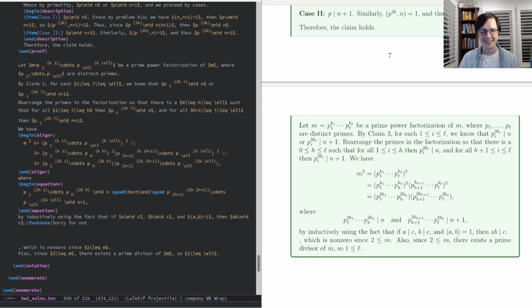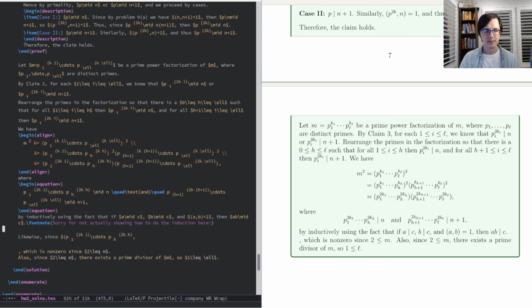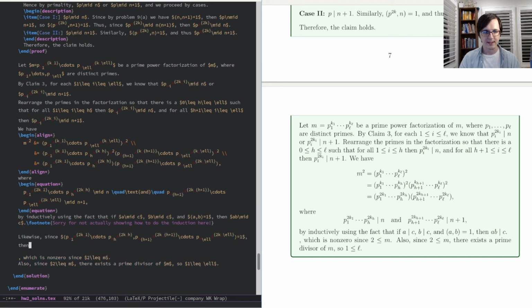I'll just apologize. Okay. Now what? Likewise, since these two things are coprime, then what we have is their product divides.